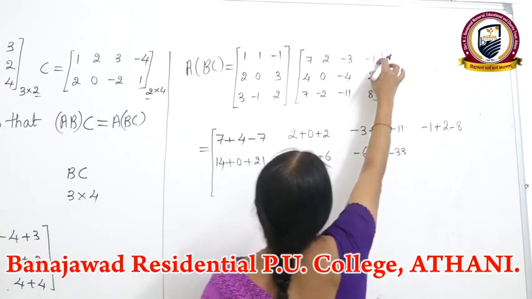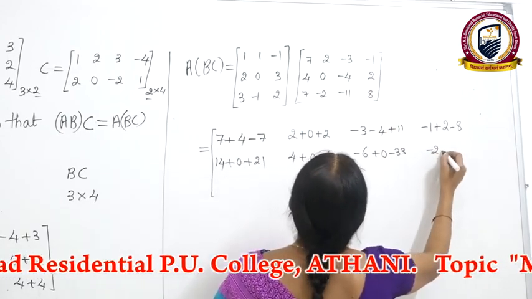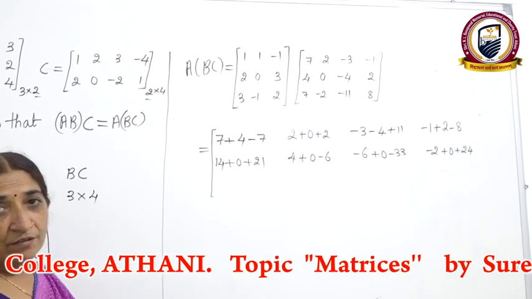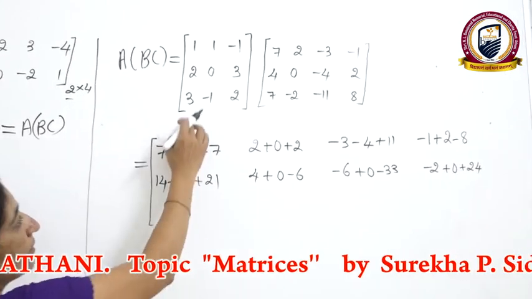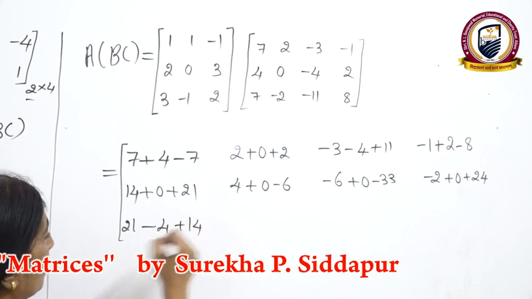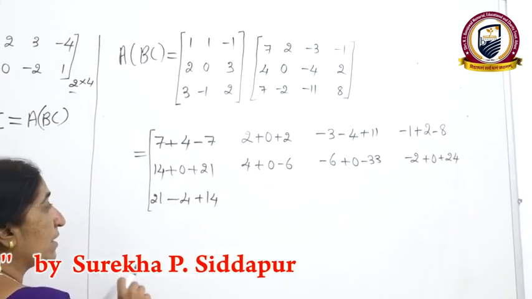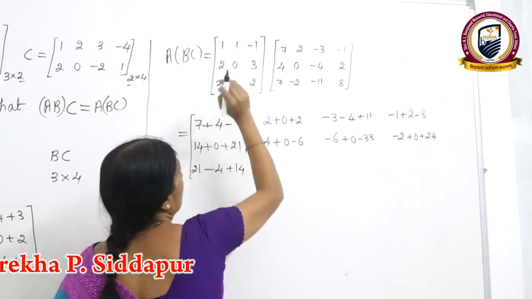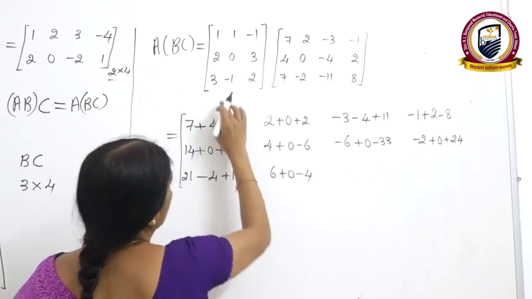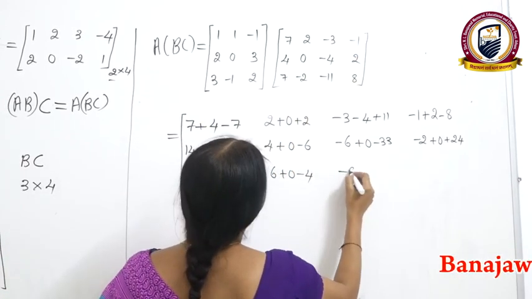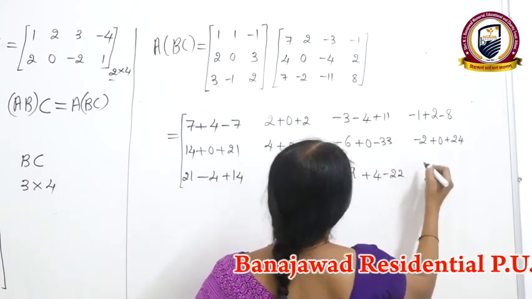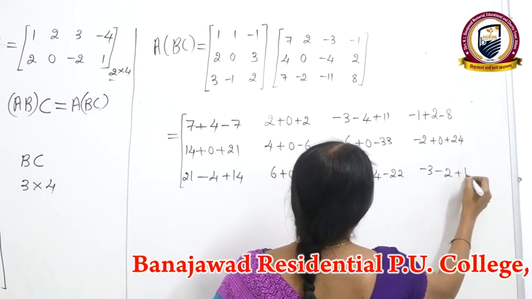Then second row with fourth column. So, see students, can you tell me the next one? When you are multiplying, third row with first column. Corresponding elements I am multiplying and I am writing the sign whatever present here. Then, third row with second column. Then, third row with third column. Then, third row with fourth column.